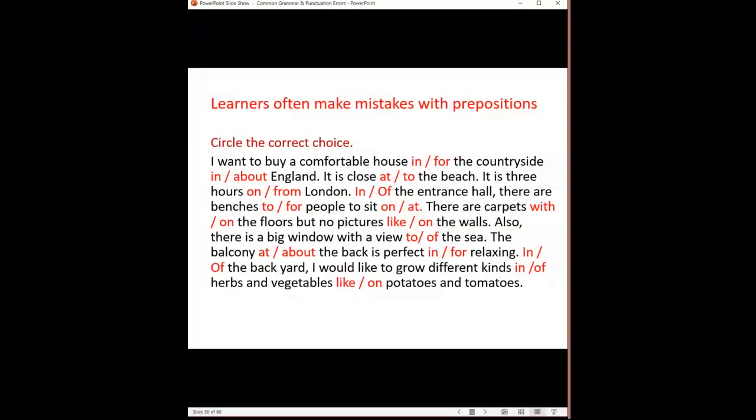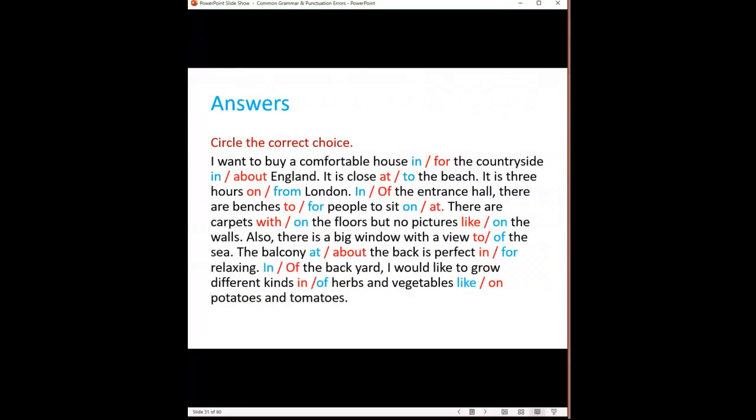Okay, so these are the right answers, they will be in blue. Can you check them? Okay. Did you get them right?